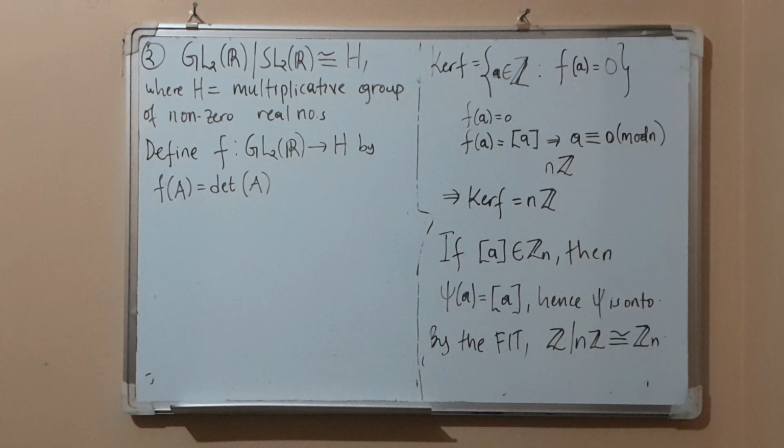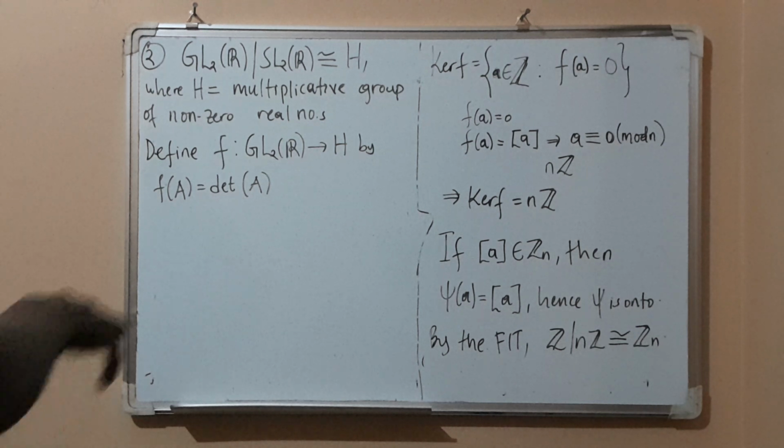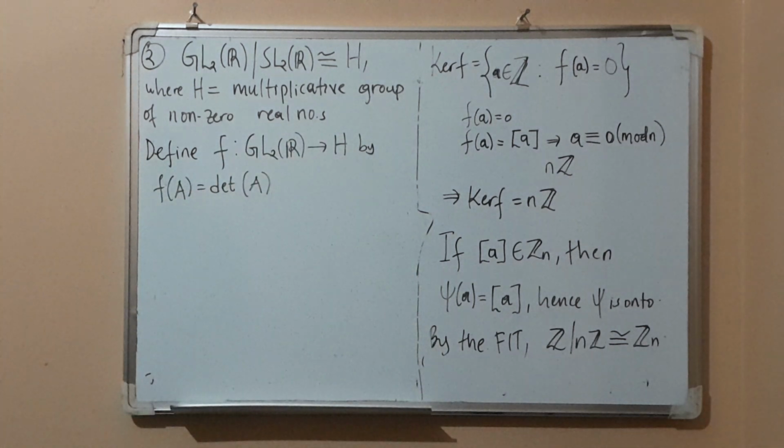We are setting a situation in such a way that we are restricting ourselves to those matrices which are invertible, because if this H were a multiplicative group including zero, then this group would consist of some elements which are not invertible.